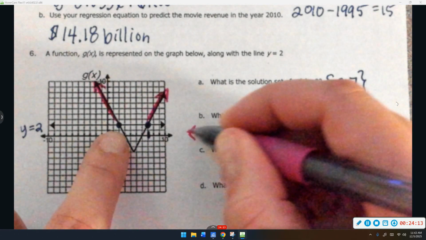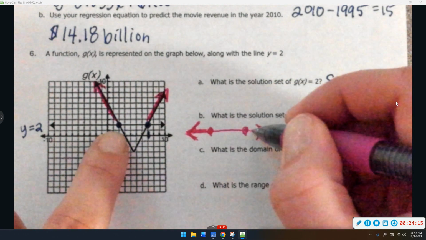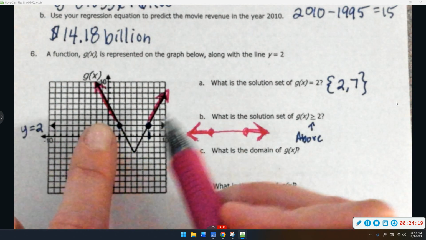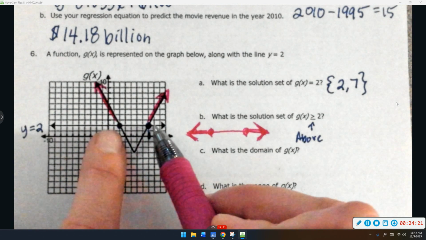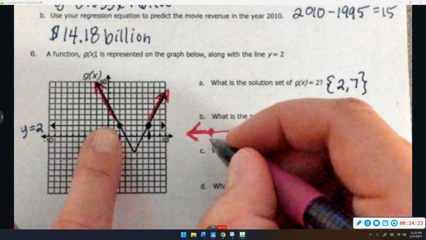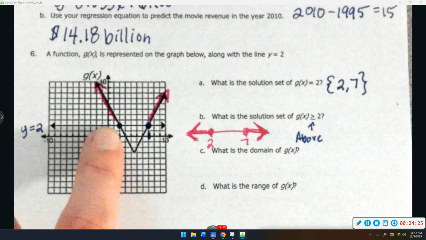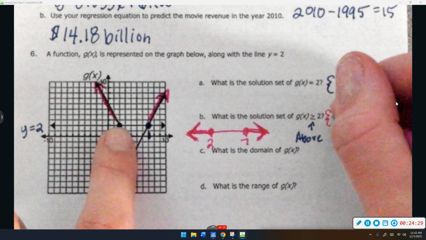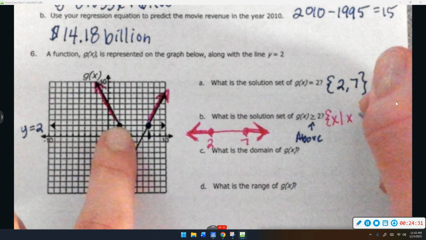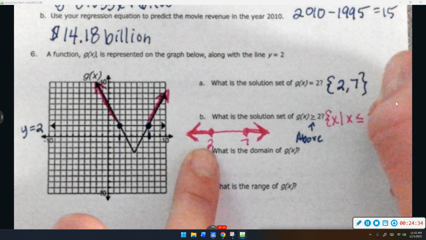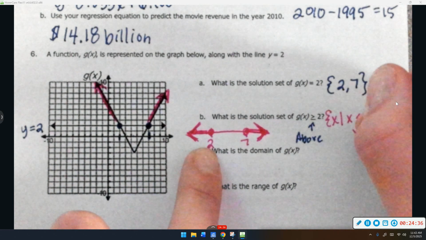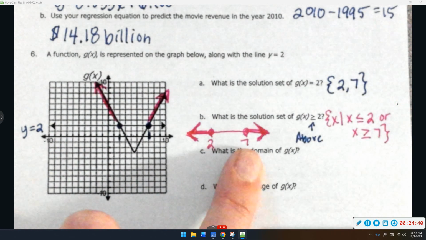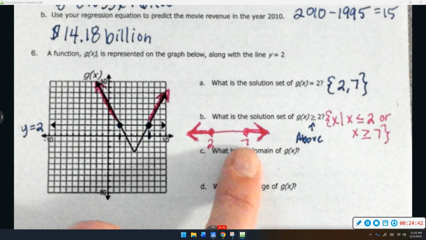It would just be on the outsides of these endpoints, right? Because it's here and out. So what are these numbers again? They were 2 and 7. So my answer would be all x's such that x is less than or equal to 2, or x is greater than or equal to 7, because it's in our 2 chunks.